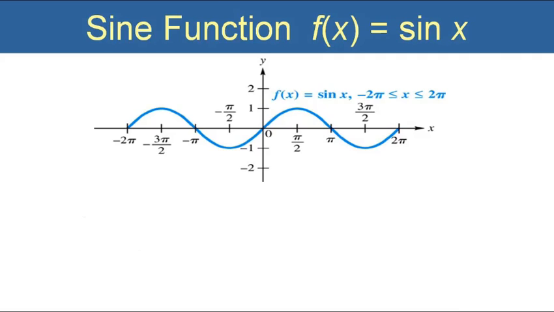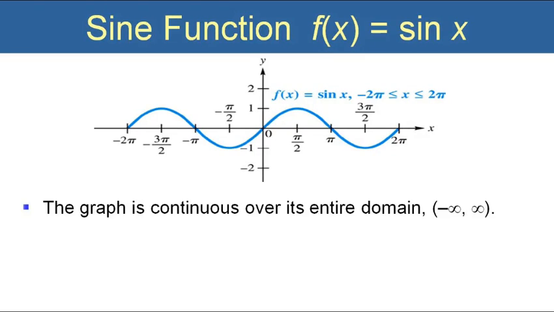And here is the computer-generated sine graph from your textbook. So you can see it starts at 0. At pi over 2 radians, it goes up as high as 1. Then at pi radians, it's back down to 0, then down to negative 1, and back to 0 at 2 pi radians. Now, the graph is continuous over its entire domain. So again, domain is negative infinity to positive infinity.